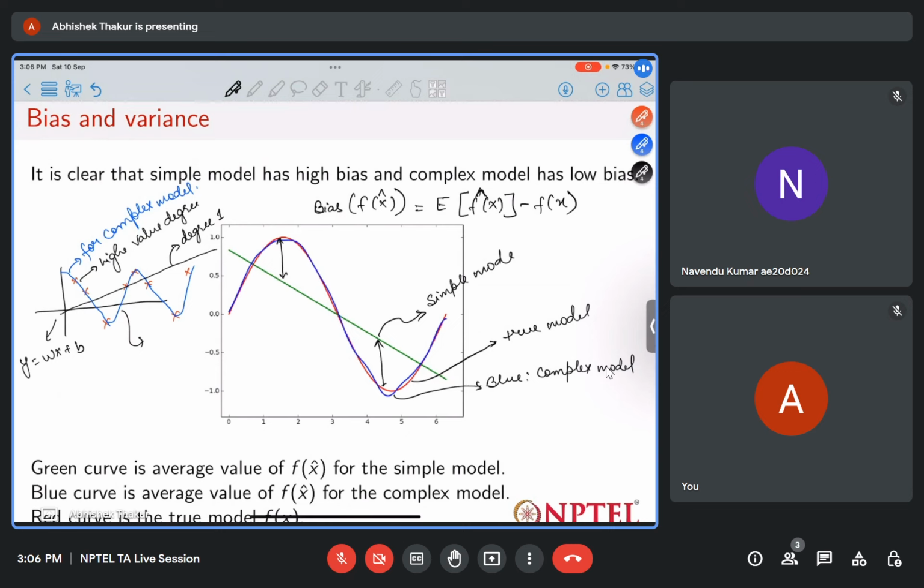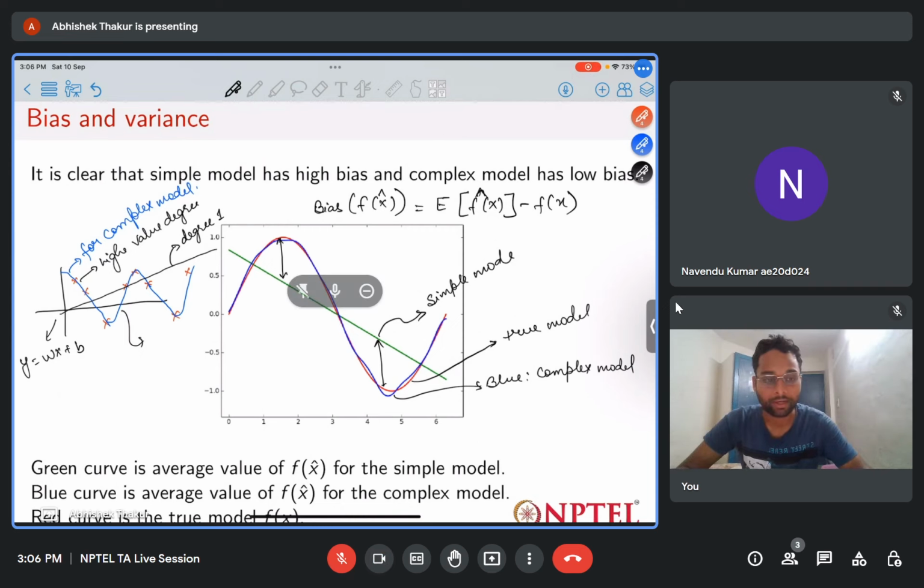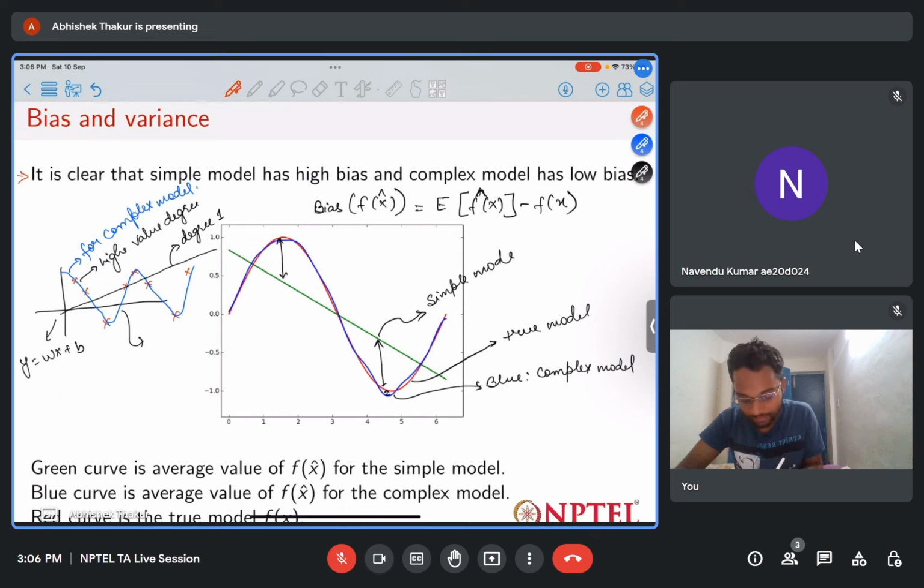The difference between the expected value and the true value is very high. And when you see the complex model case, the difference is very low. So it is clear that the simple model has very high bias and the complex model has very low bias. So this point is clear.